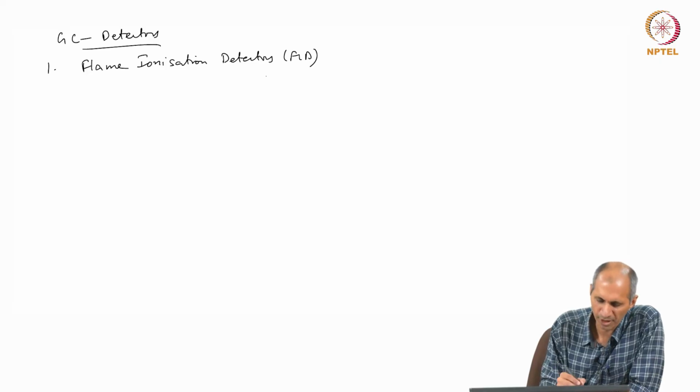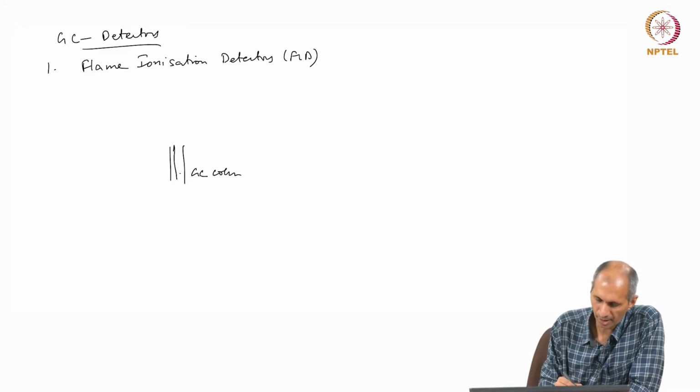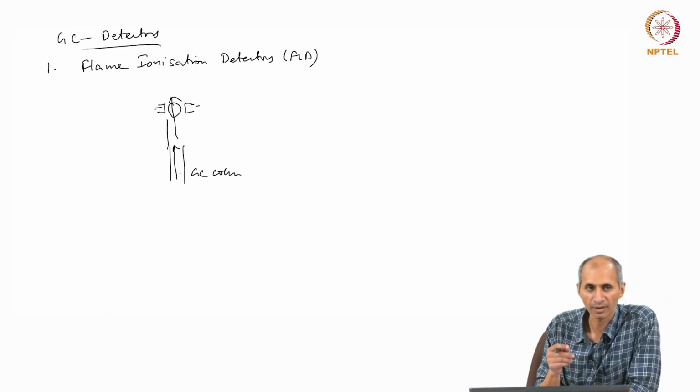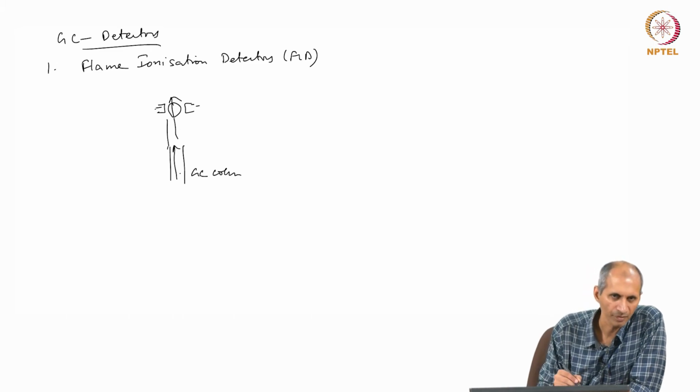Very simply speaking, this is the GC column exit, gas is coming out and it goes in. There is an element here and an element here, these are two contact points. The gas is going through this, and right here it burns. There is a flame here all the time, and if there is a hydrocarbon in your gas, it burns.